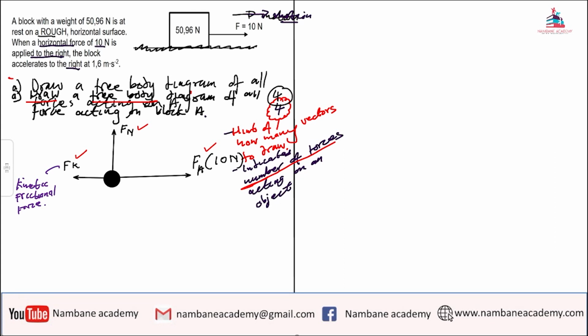But if the object is moving, then it must be kinetic. If the object is stationary, then it must be static. When I draw a free body diagram, I cannot have both of them at the same time. That is another hint that all the forces I'm going to have are the correct forces. I want to have 4, but the 4 must be the correct ones.